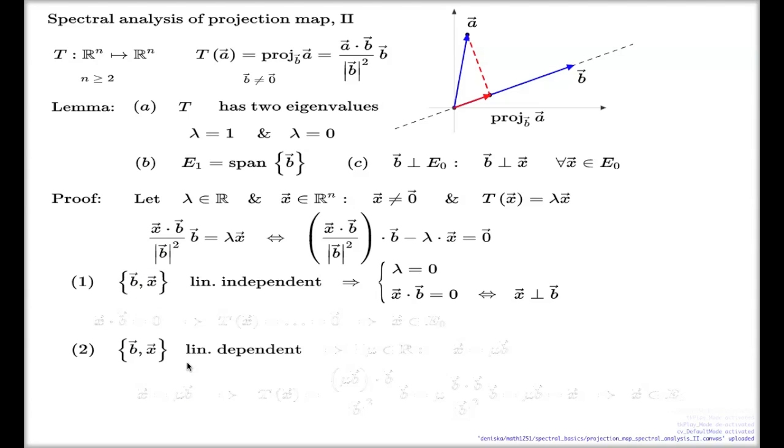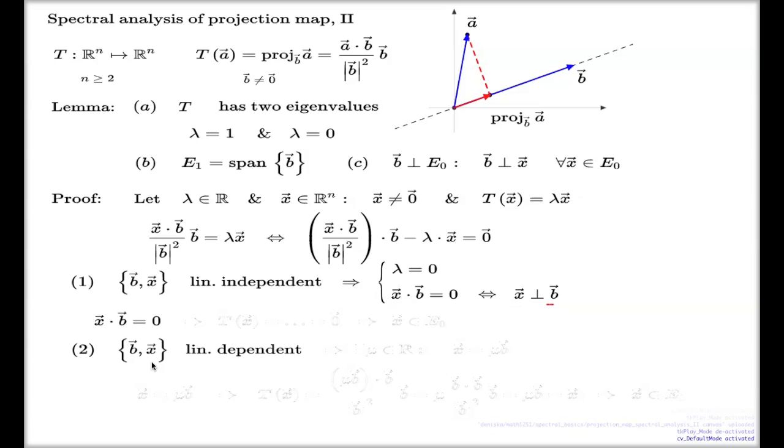Oh, as a matter of fact, I should add one extra argument here. Assuming that they are linearly independent, that just implies this. But you also have to claim the opposite way: every time you have lambda 0, and every time you have a vector which is perpendicular to b, that will be an eigenvector, and it comes from here.